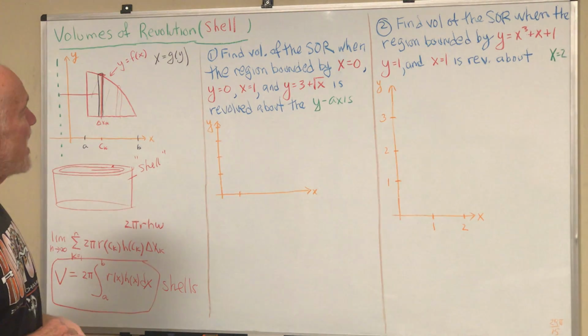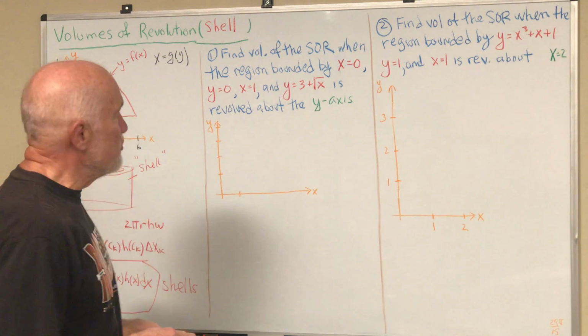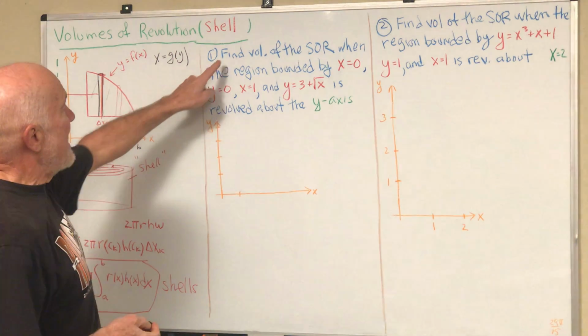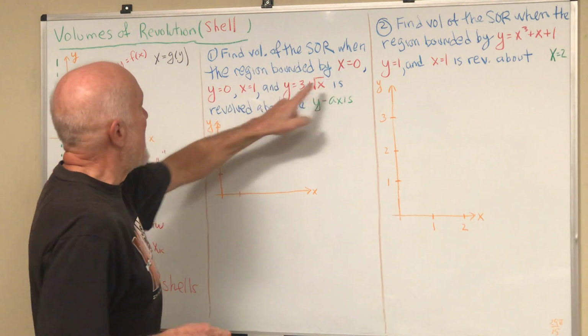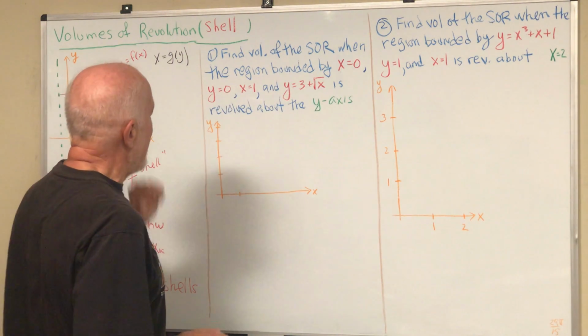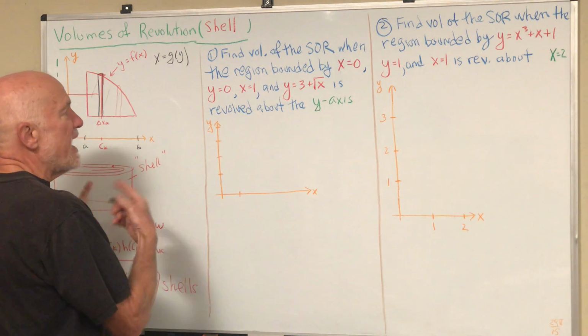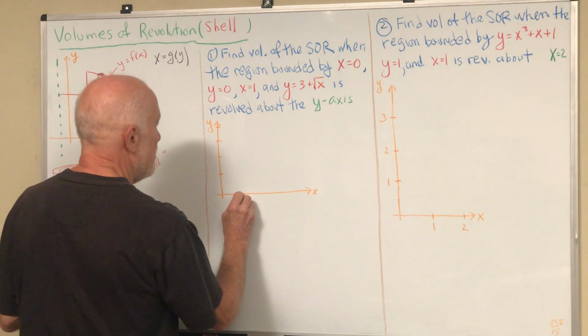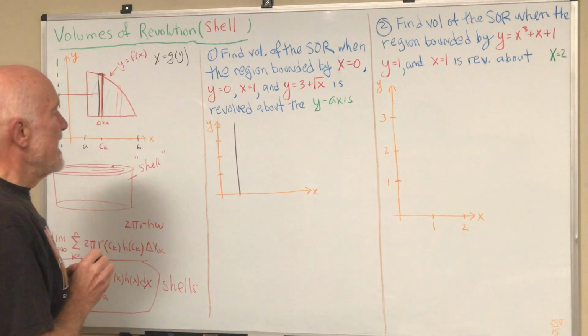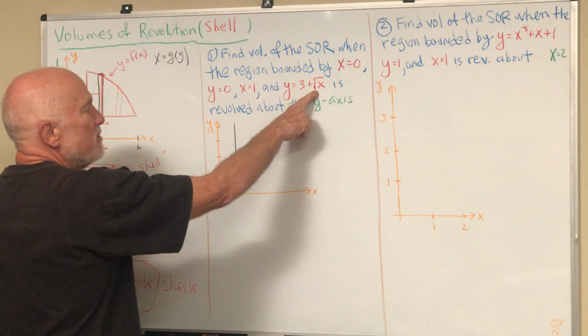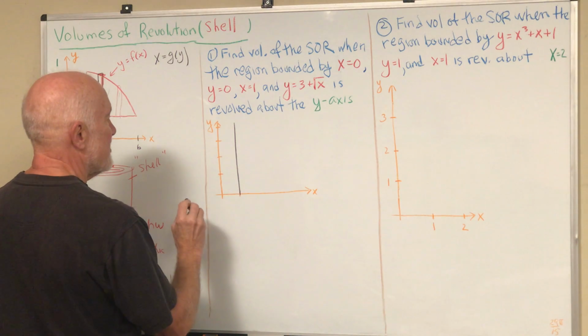So let's try a couple of examples and see if this works. Find the volume of the solid of revolution when the region bounded by x equals 0, y equals 0, so the x and y axis, x equals 1, and y equals 3 plus the square root of x.